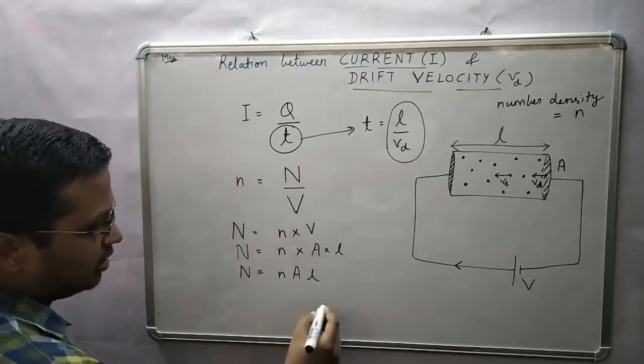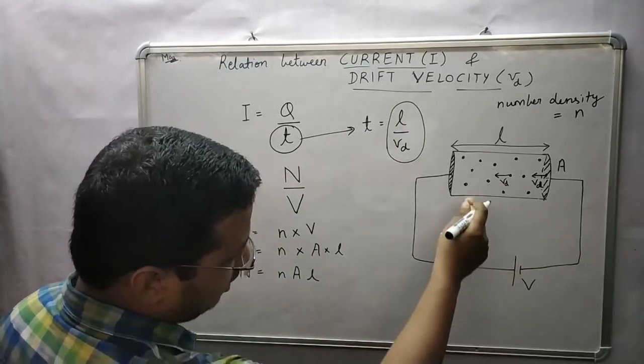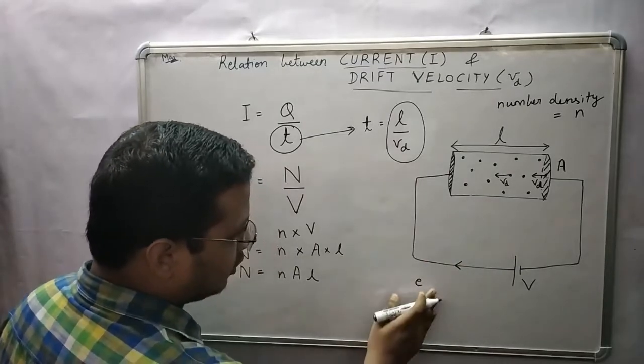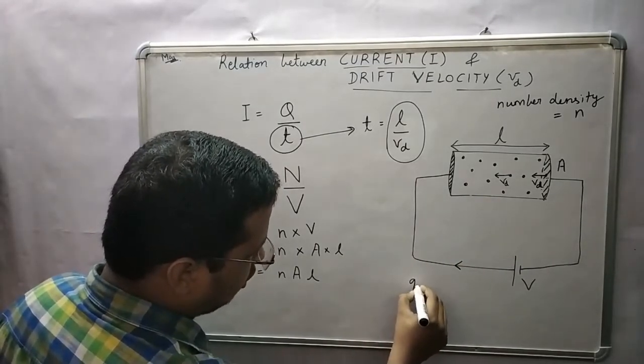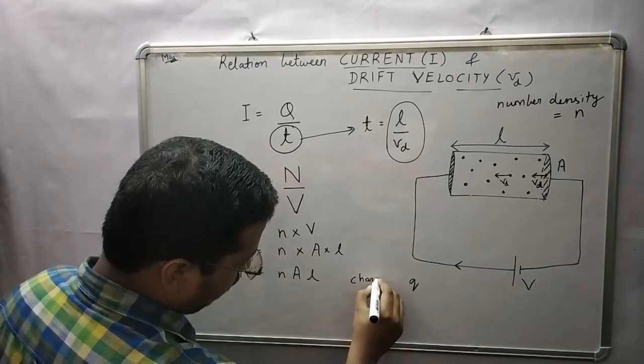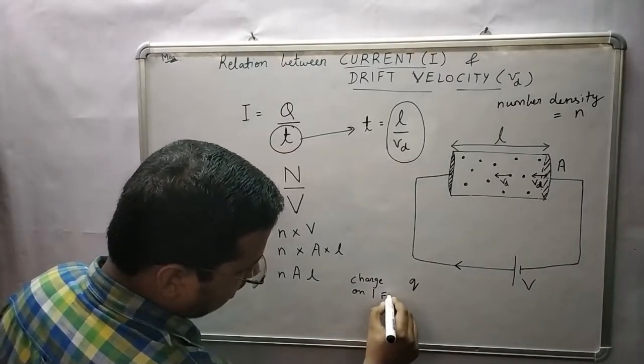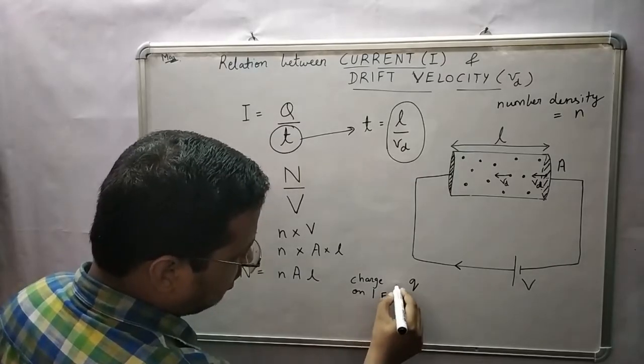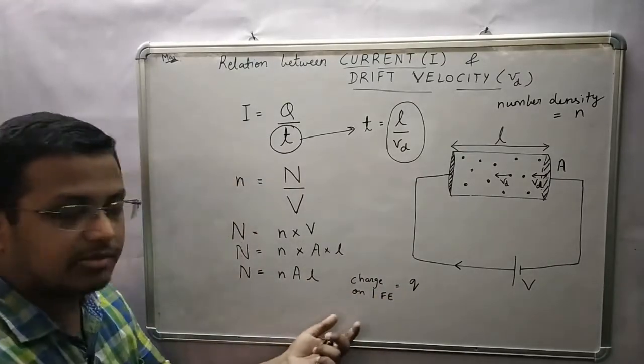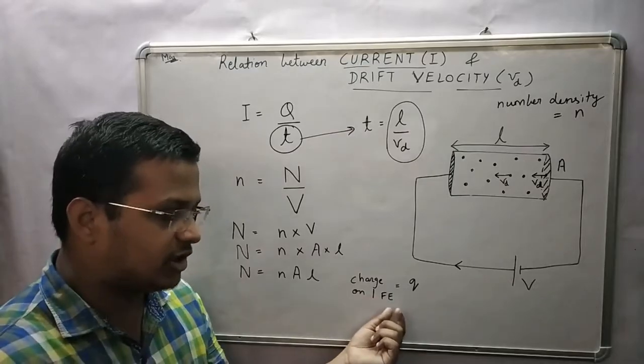Now you know that the charge on one free electron is e, or let us denote it by small q. This is the amount of charge present in one free electron.